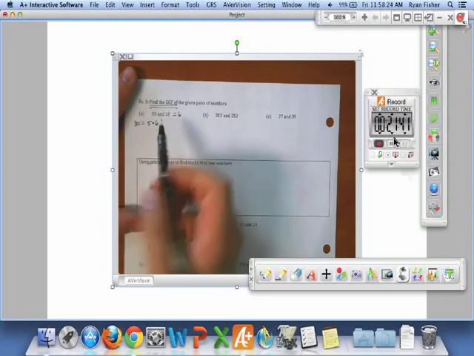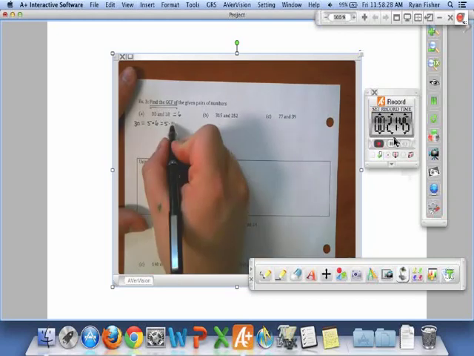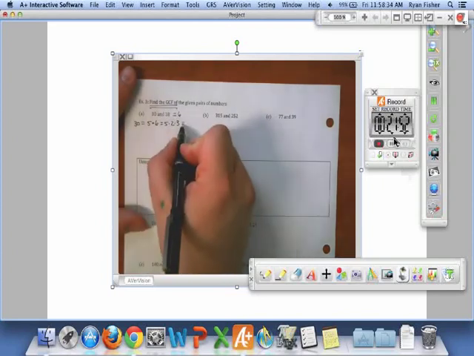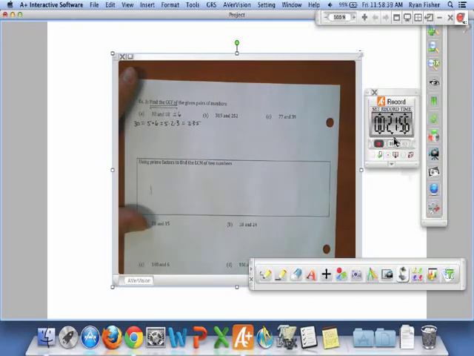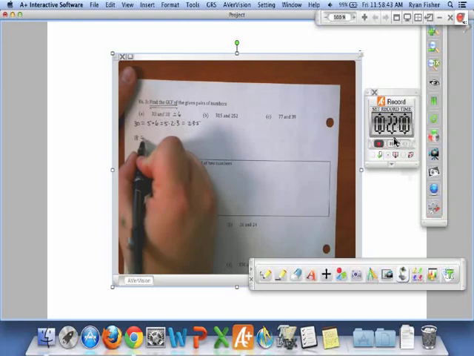How about 18? What's the prime that goes into 18? And 6, as we saw before, is the same as 2 times 3. So 18 is the same as 2 times 3 squared.